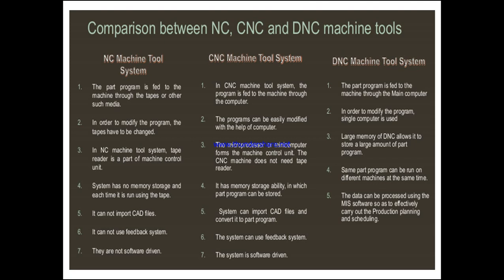The NC system has no memory storage, and each time it has to run using the tapes. So every time the tape has to be wound and rewound, which is a bulky as well as time consuming process. So each time the tape has to be rewound.